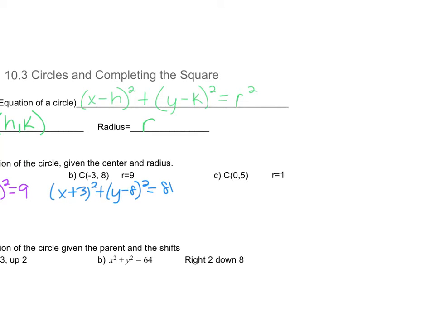You don't need a minus. So think about it. x minus 0 squared is the same thing as x squared, isn't it? Yes, it is. So this is just going to be x^2 plus (y - 5)^2 equals 1.